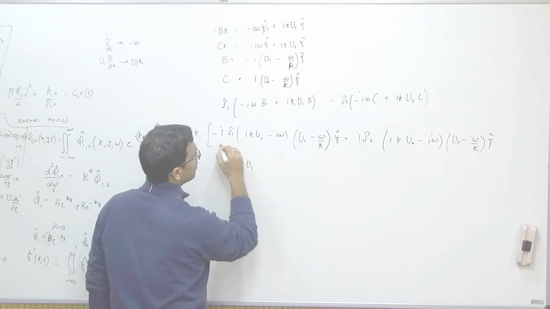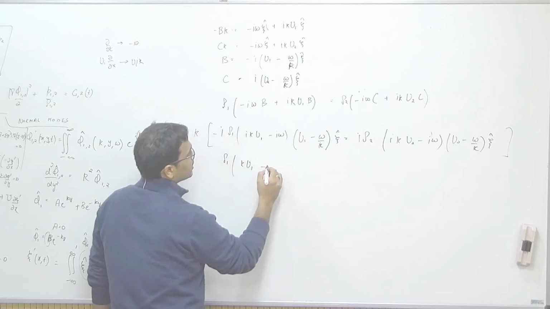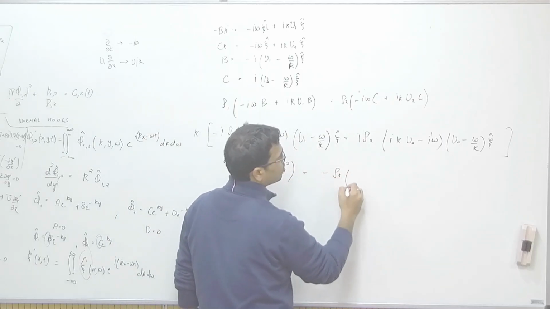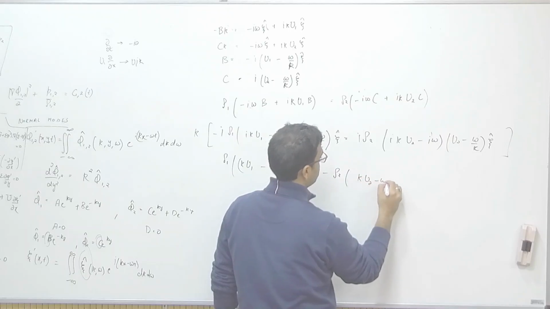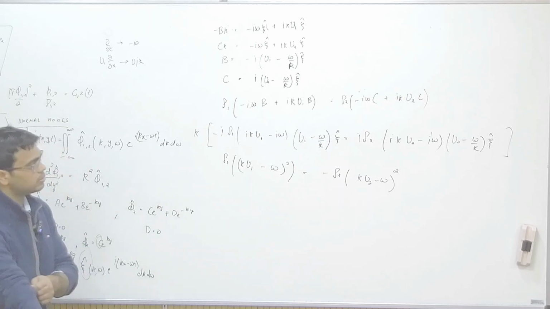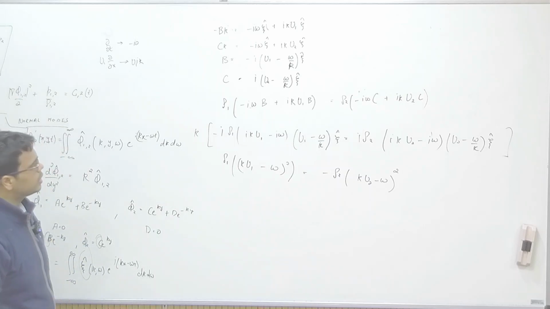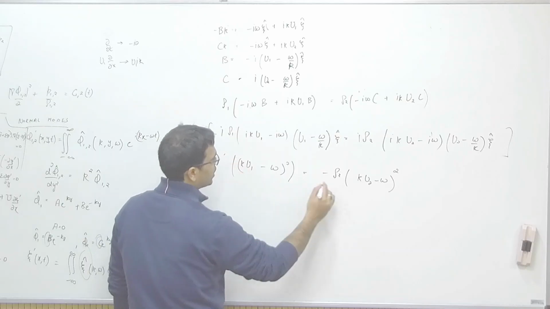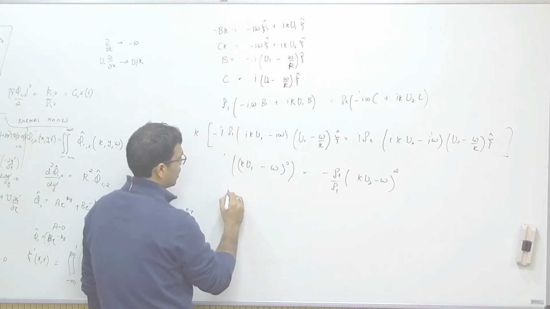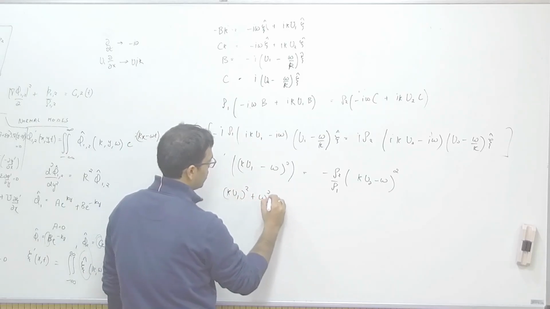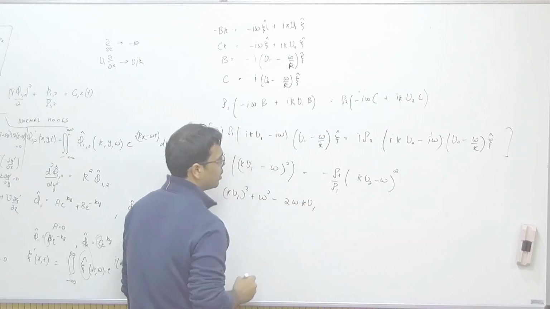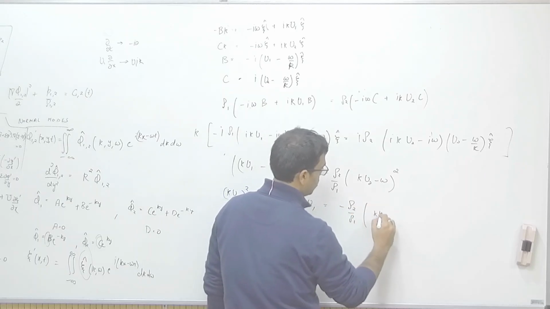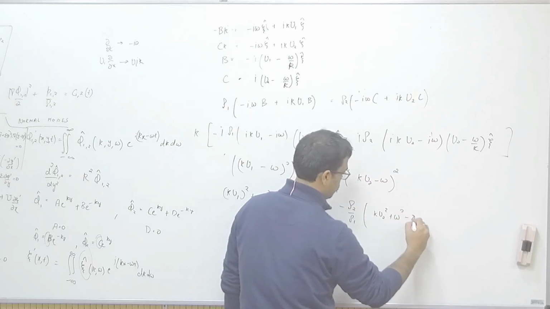So k u1 minus omega whole square equals minus of rho 2 k u2 minus omega whole square. Okay. So this is what you will get. So let us take this rho 1 here: k u1 square plus omega square minus 2 omega k u1 equals minus rho 2 by rho 1 times k u2 square plus omega square minus 2 omega.